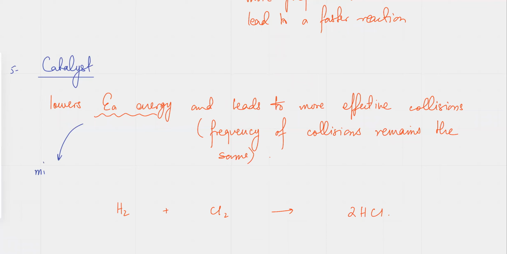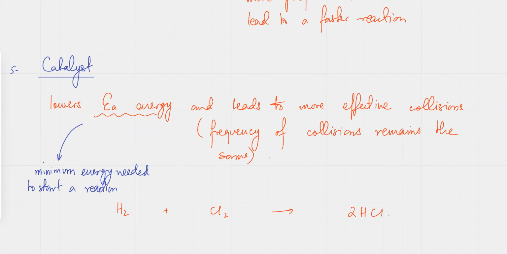There's a minimum force that you have to use so that the particles bump into each other and the old bonds break and then new bonds are formed, which is why fire or heat is produced in that reaction. So activation energy is the minimum energy that is needed to start a reaction.